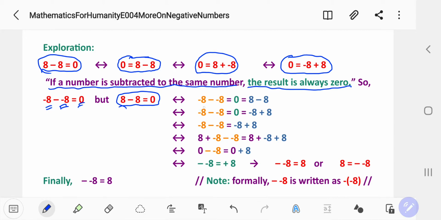And then you have here, since you have 0 is equal to 0, then negative 8 minus negative 8 is equal to 8 minus 8. That's found here. They are equal.